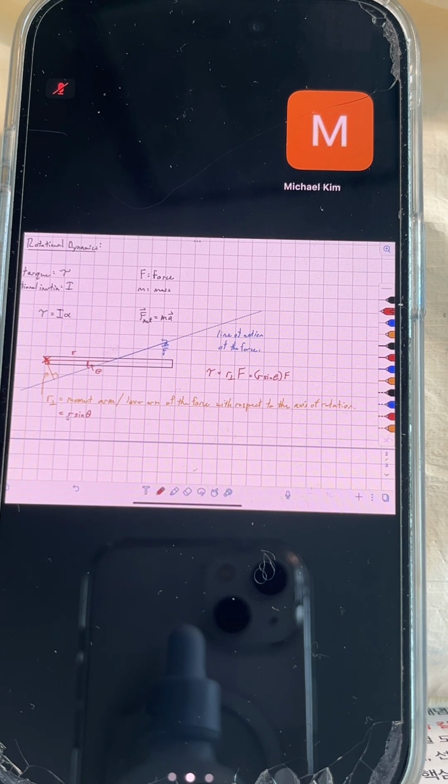right? But then another way to think about this is that I can imagine moving the sine over here, so I can think about this as R times F sine theta.